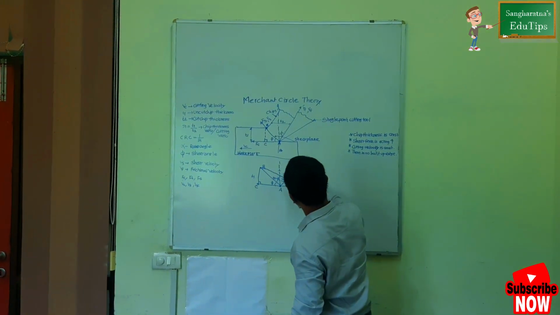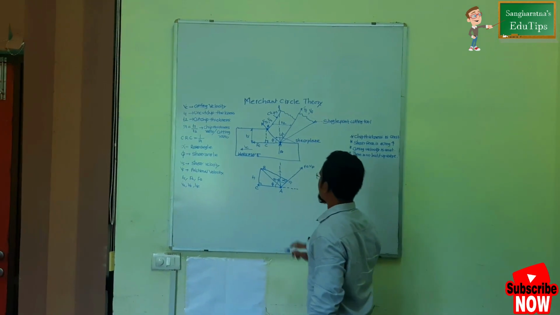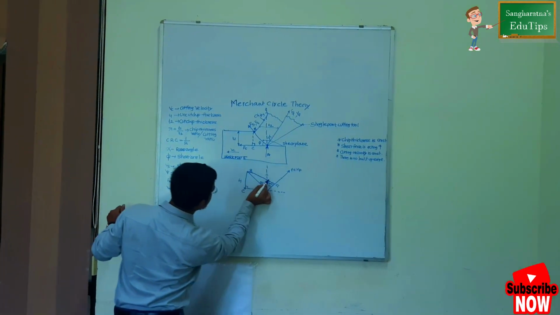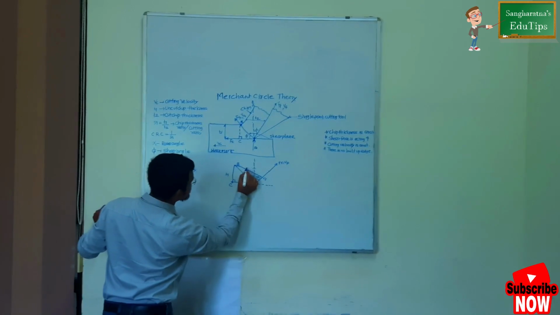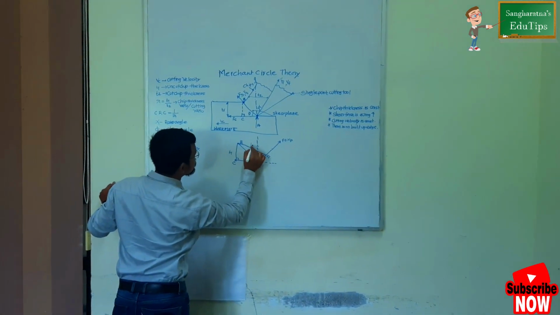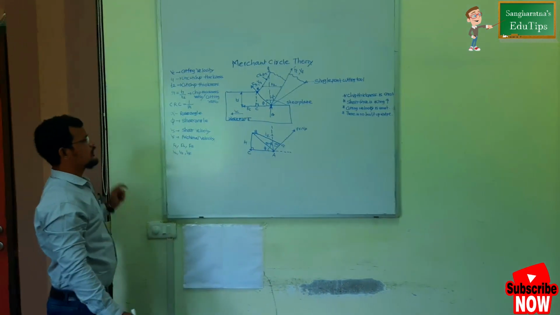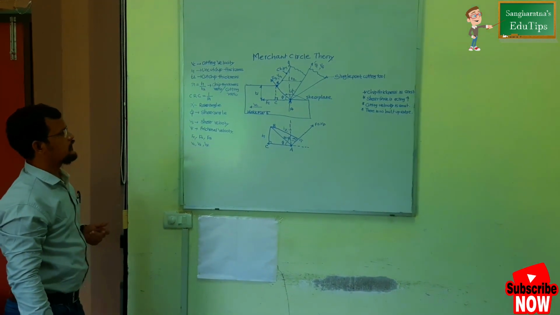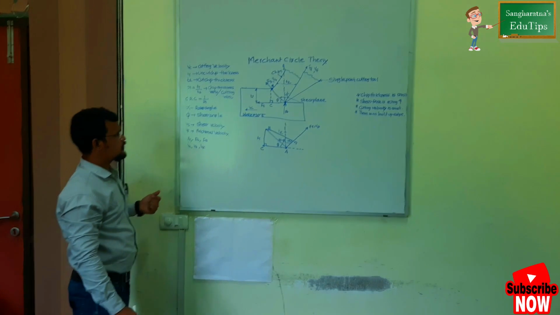We can give this point D, so that the length BD is T2. Now we can easily calculate T2 and T1.